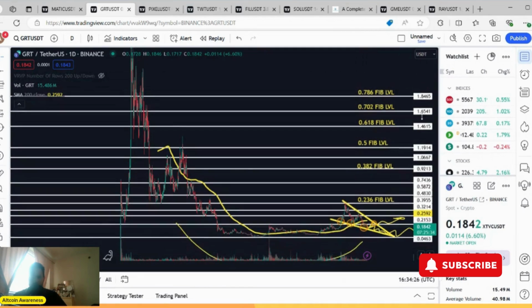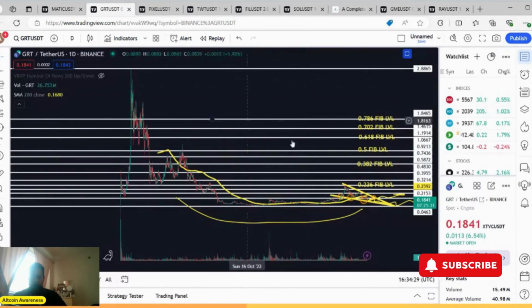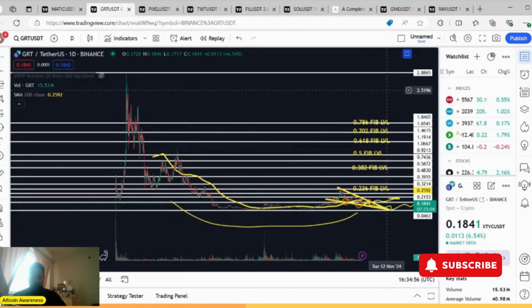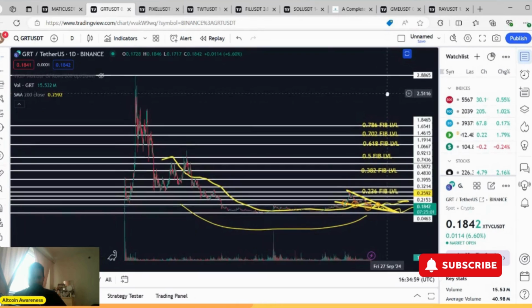Okay, guys? So watch for a breakout down here because we're currently at range lows, as you can see. Okay, so this might be a very good time for you to start scaling in on GRT before it takes off and reaches its previous all-time high. Okay, guys, altcoin season is not here yet, so we have a lot of room to play with this token.